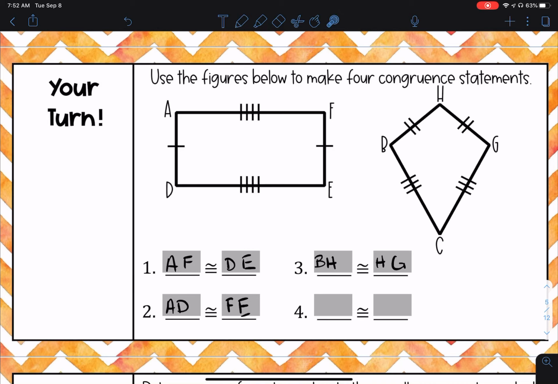And then my last and final one would be BC. BC is congruent to GC, because again, three tick marks here, same tick marks, they're congruent. So I have BC is congruent to GC.